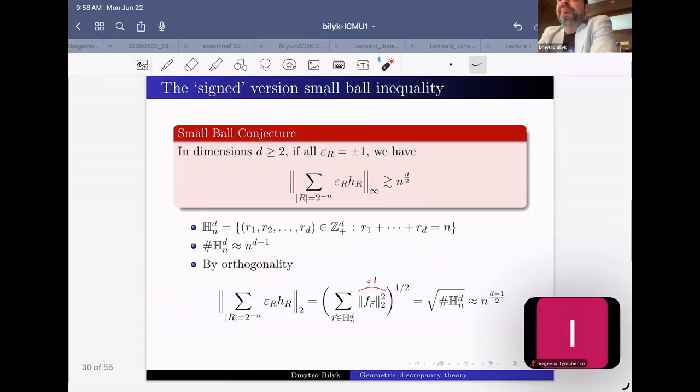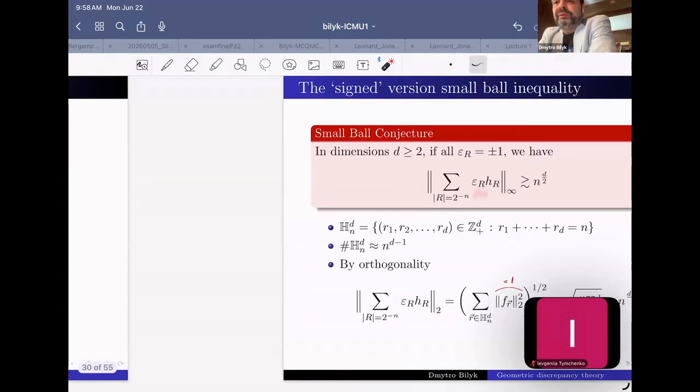There is also a simpler version of the conjecture, which is still very open. If you put all the coefficients plus or minus 1, so you have the sum of these generalized Rademacher functions, then it's even easier to see the L2 bound.